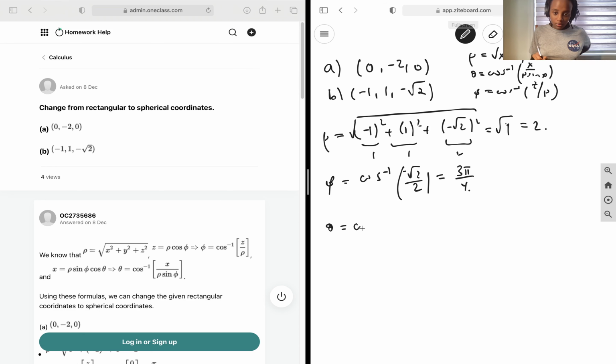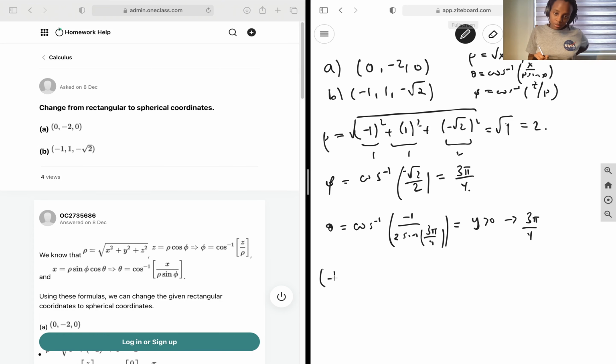And theta is going to be the inverse cos of negative 1 over 2 sine 3 pi over 4. Because of the fact that y is greater than 0, this will also give us 3 pi over 4.